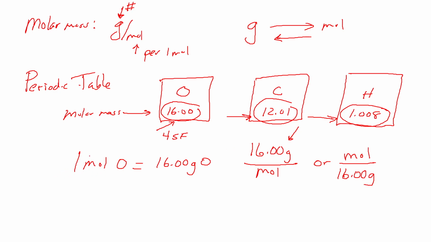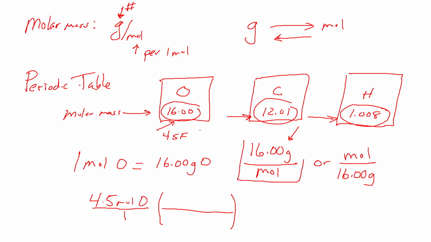and do a little dimensional analysis problem. So again, if I had 4.5 moles of oxygen, and I want to know how many grams that is, I'm going to set up a dimensional analysis. Again, not really written as a fraction, but if you want to help yourself, you can put a 1 underneath it. That means moles are on top. Again, to get rid of moles, we have to go in the opposite location.